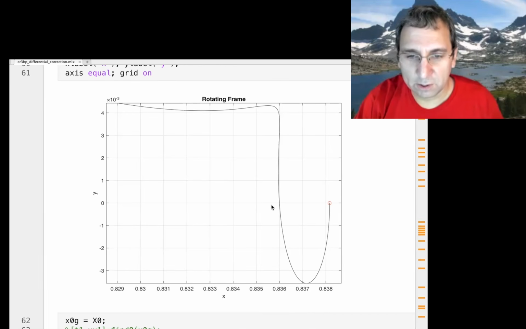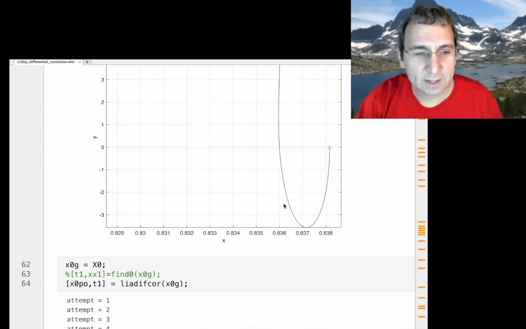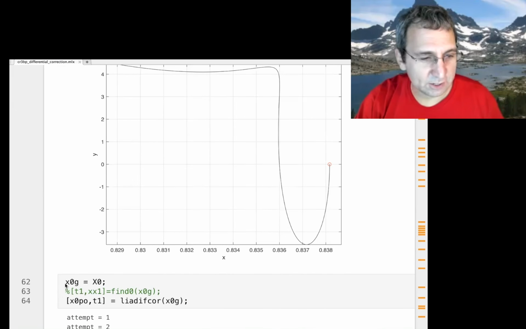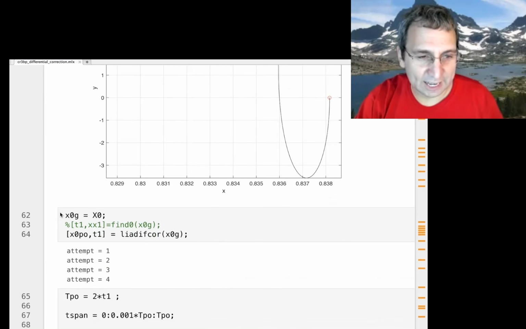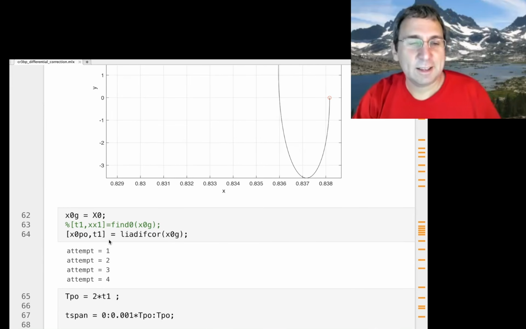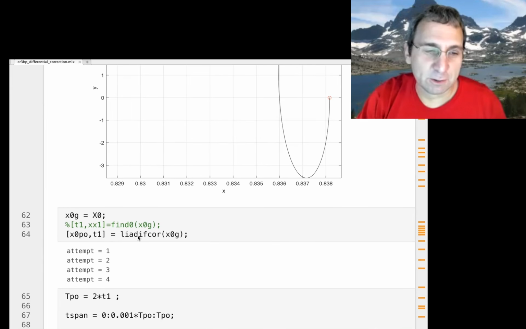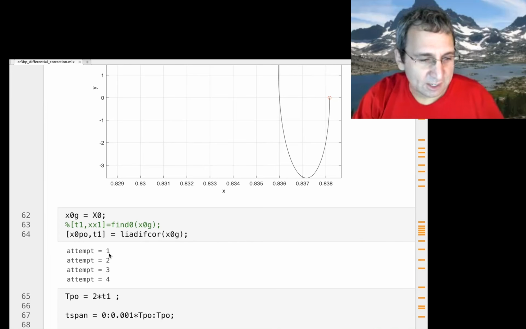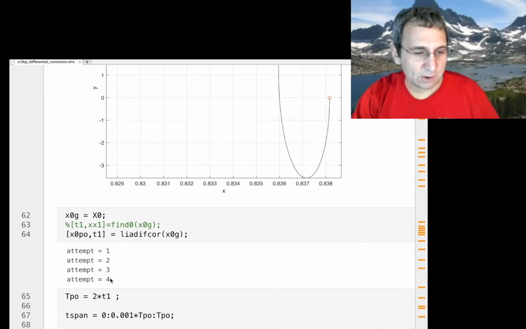So the algorithm that I'm going to use will find this time, and it calls this time of this x-axis crossing T1. This is x naught g, meaning a guess. I'm using the same initial condition. And this function called Lia_diff_core implements the differential correction. In this case, it only took 4 iterates, and it found the time of that crossing.